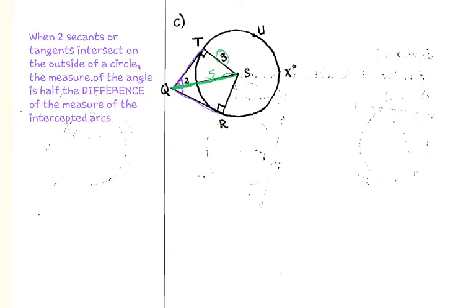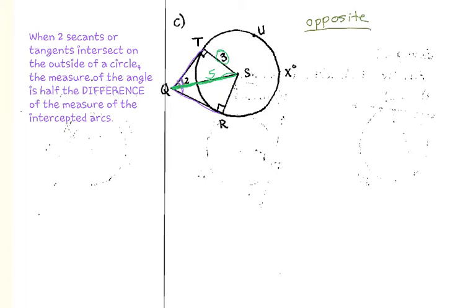Using that fact, we can find the angle TQS using a trig function. We know 3 is the opposite side, and 5 is the hypotenuse of the triangle.